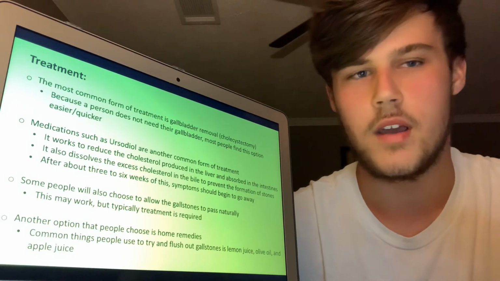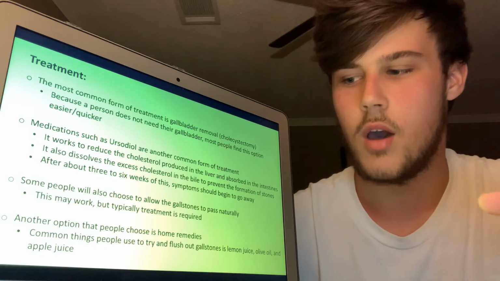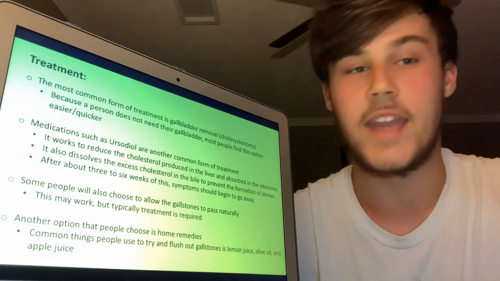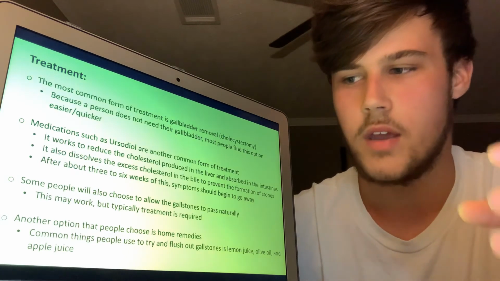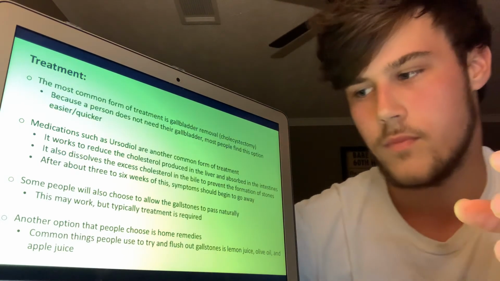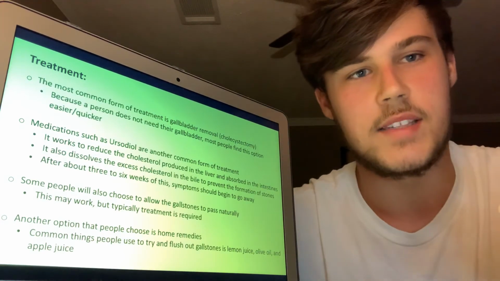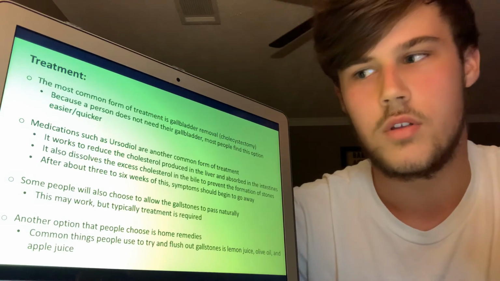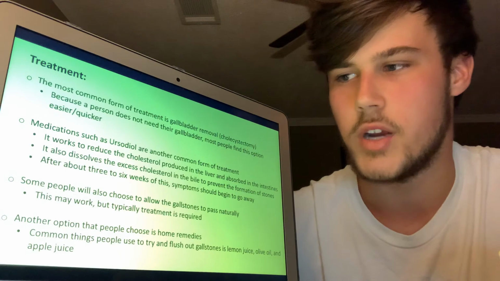What it does is it reduces the amount of cholesterol produced by the liver and absorbed by the intestines. It also works to dissolve any excess cholesterol, because the excess cholesterol is what leads to the production of the gallstones.